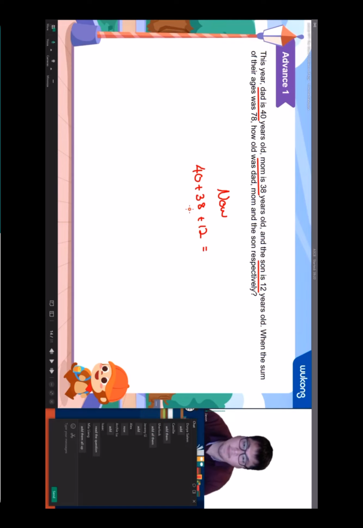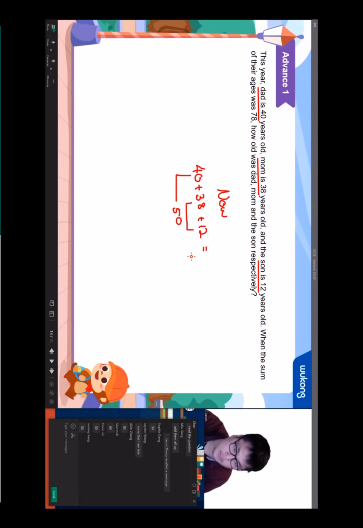What is 38 plus 12, everybody? Yes, it is 50. Now what is 40 plus 50? It will be 90. Yes.